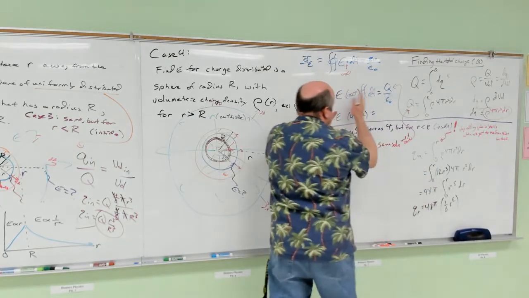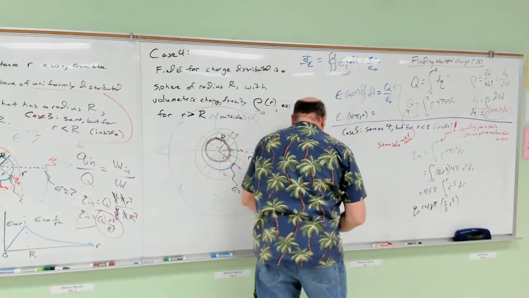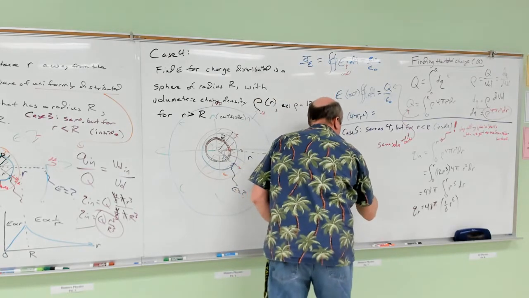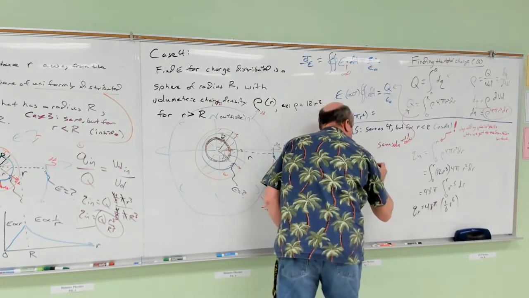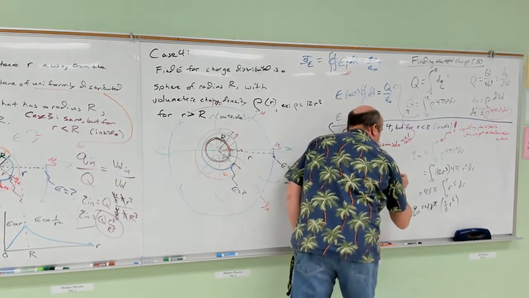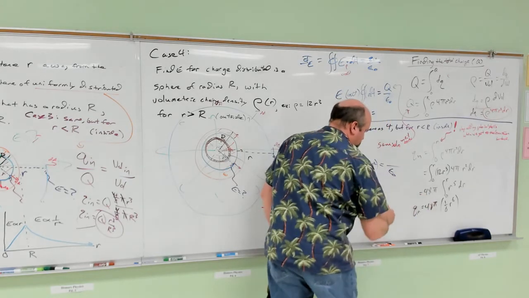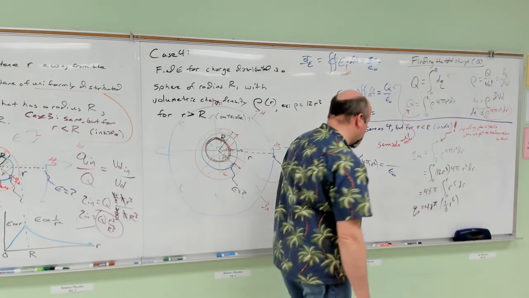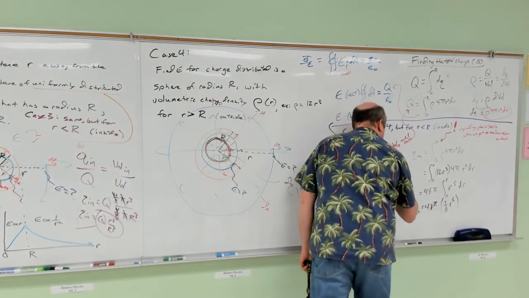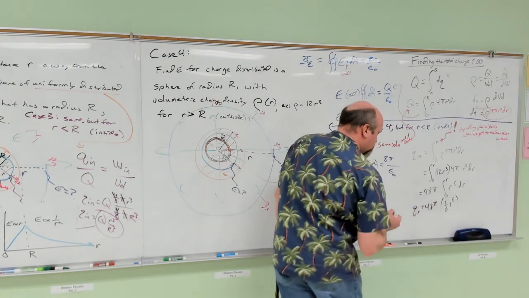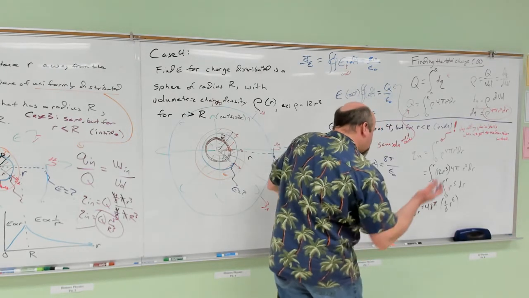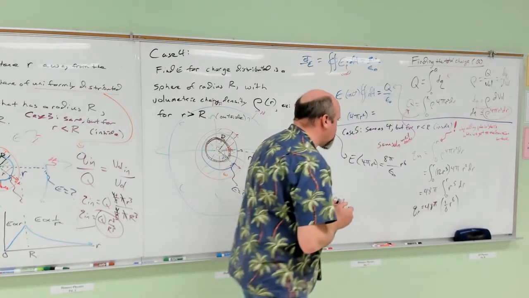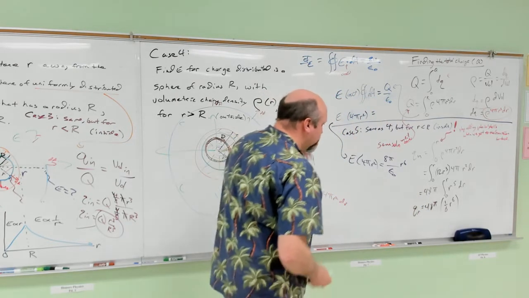Again, the left part of the equation is just E times 4 pi r squared. So E times 4 pi r squared is equal to my Q in over epsilon naught. My Q in is going to be 48 divided by 6, that's 8, so it'll be 8 pi r to the 6th. And what happens now?